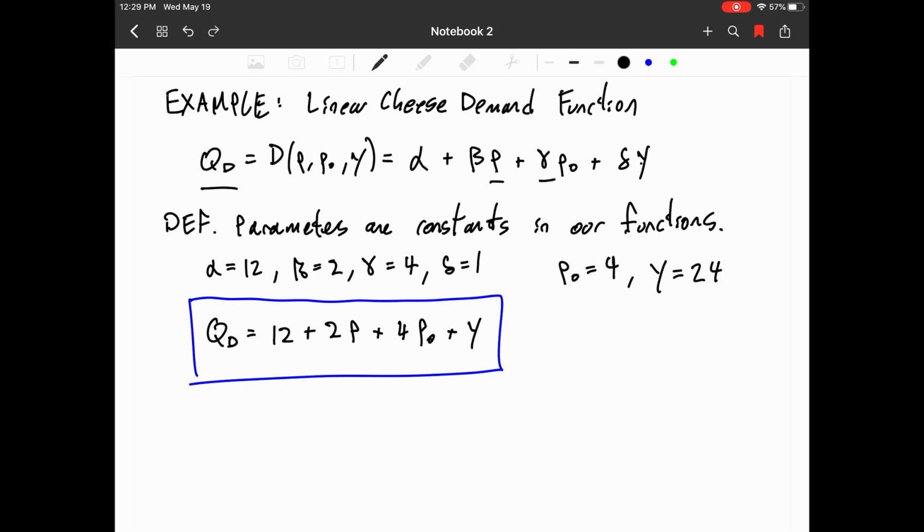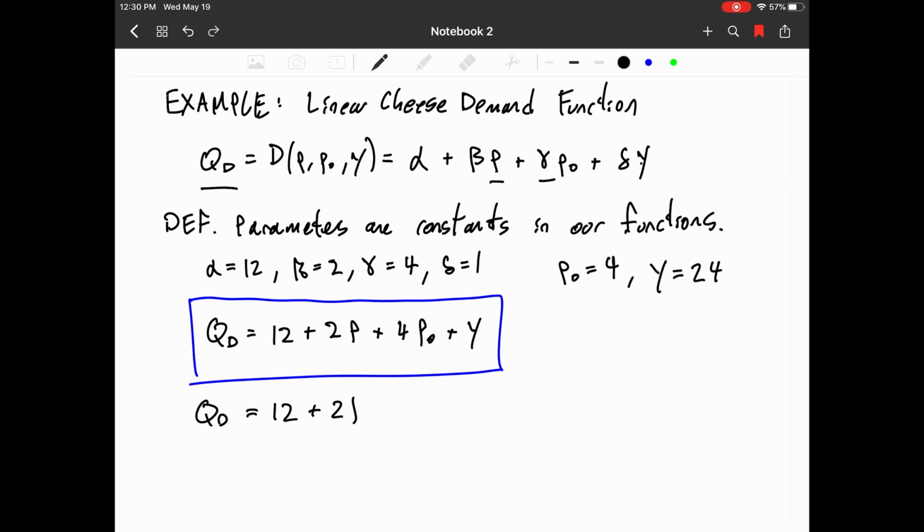But the next thing we want to do is to fully define this demand curve. We have more information about the price of the other goods and our income, so we're going to substitute this in as well.